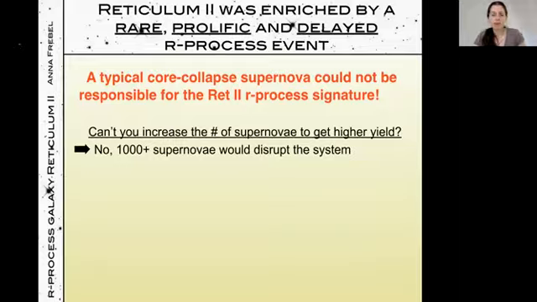It would have blown it apart. And because it is surviving until today, we know that is a constraint that cannot be changed. And so that really rules out ordinary core collapse supernovae as major R-process producers.